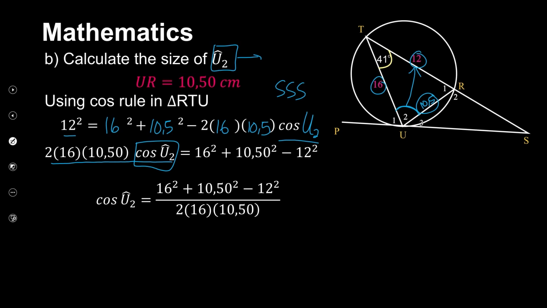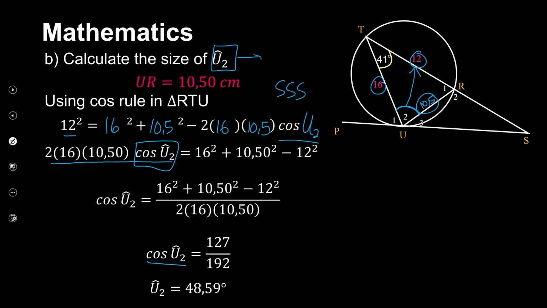So once we put shift cos and this entire expression into our calculator, this expression becomes 127 over 192. That's from your calculator, and now you're going to find the inverse, shift cos of 127 over 192, and we'll get the answer of U2 being 48,59 degrees.